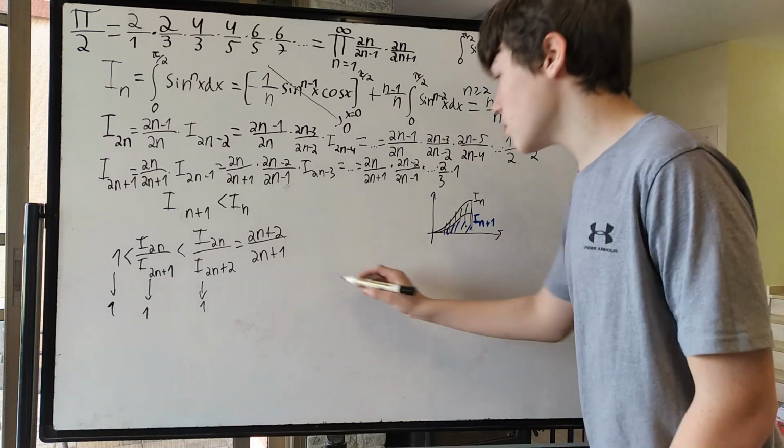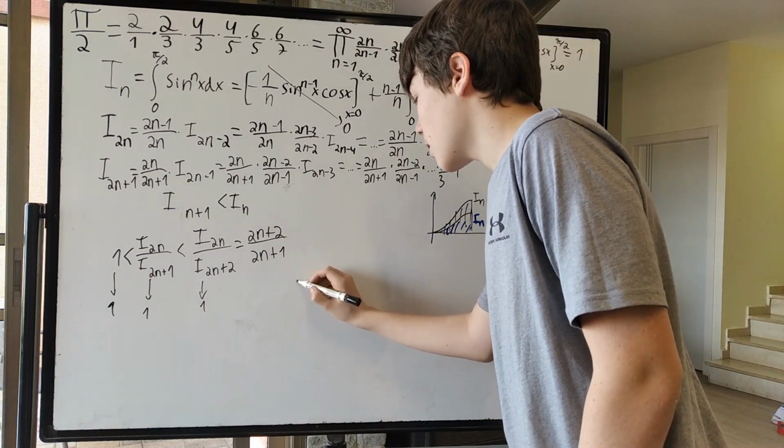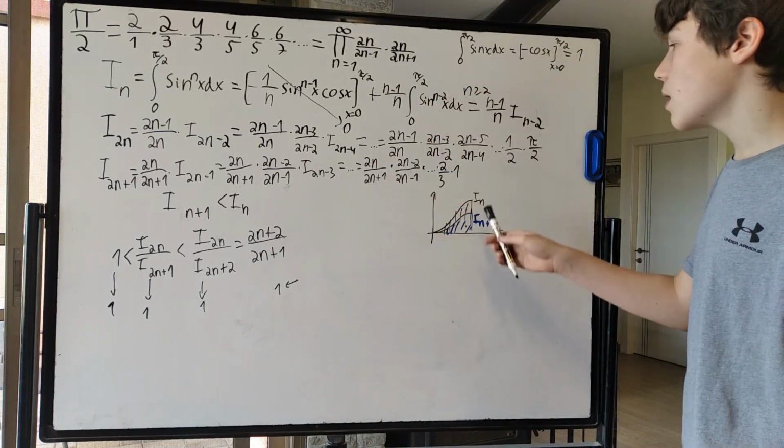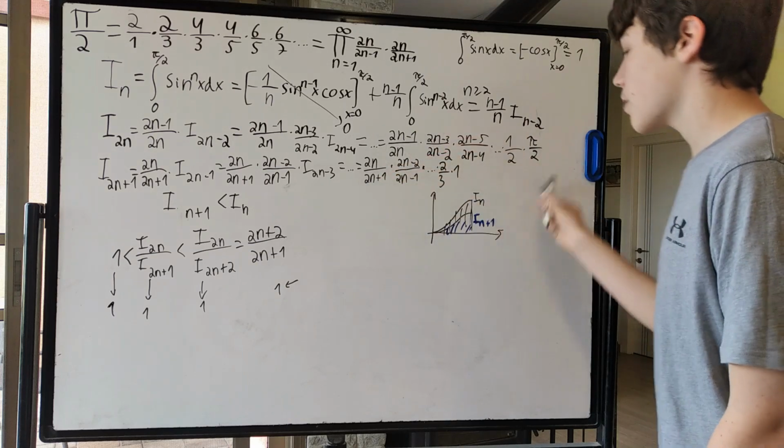We know now what tends to 1? I_2n over I_(2n+1). But we know this, it's just this over this.